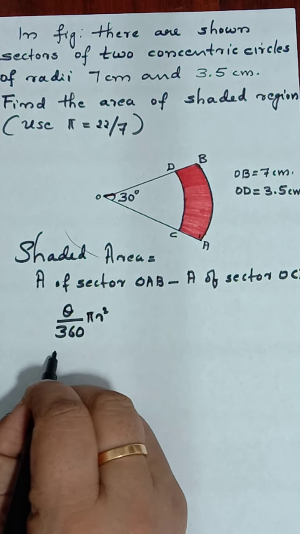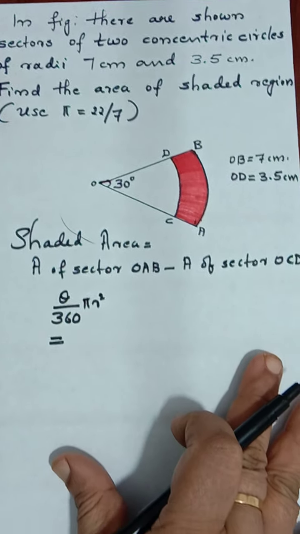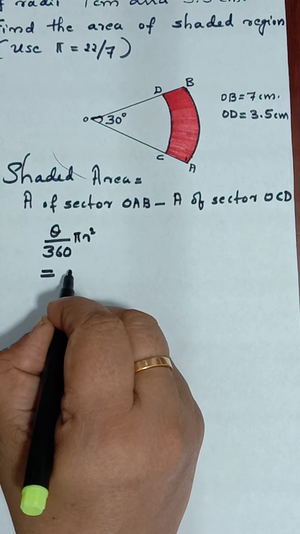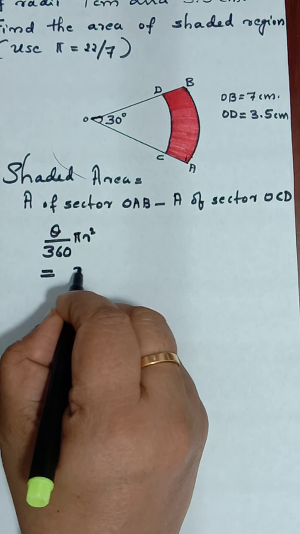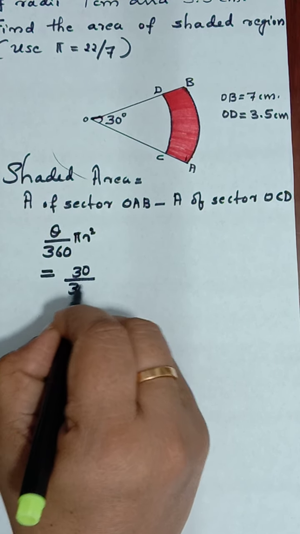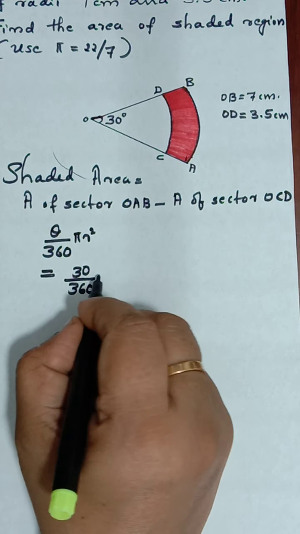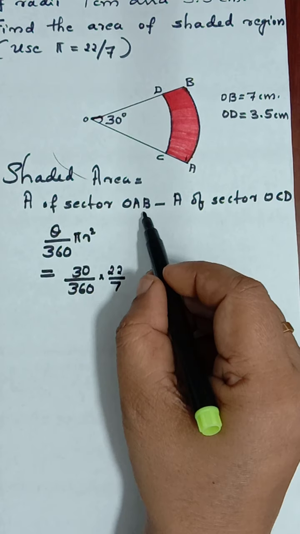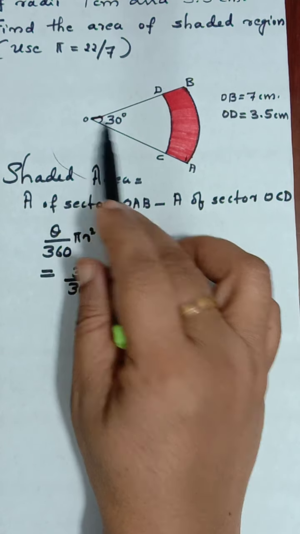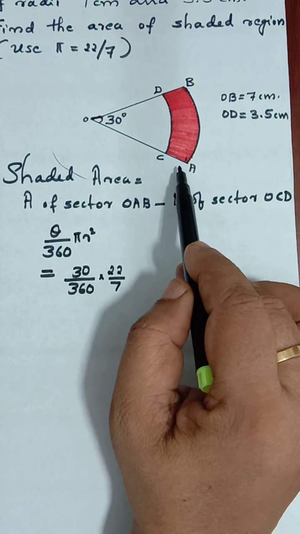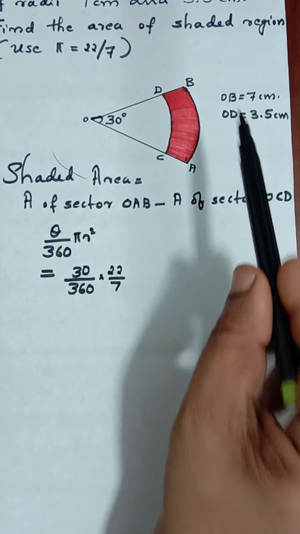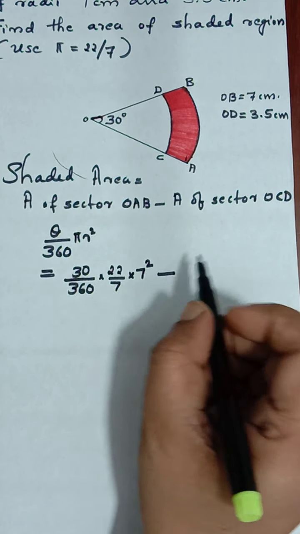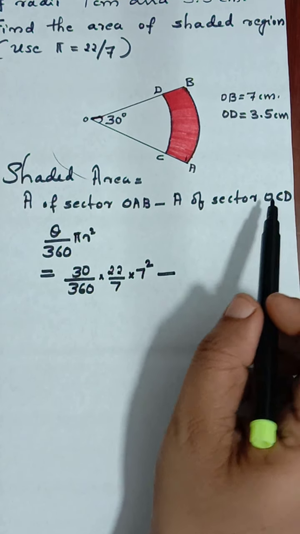So here we are going to substitute according to the question. How do we do that? Just give the values. Theta is 30 degrees by 360, pi value 22 by 7 into r square. For sector OAB we consider the radius OB, which is 7, so 7 square, minus area of sector OCD.